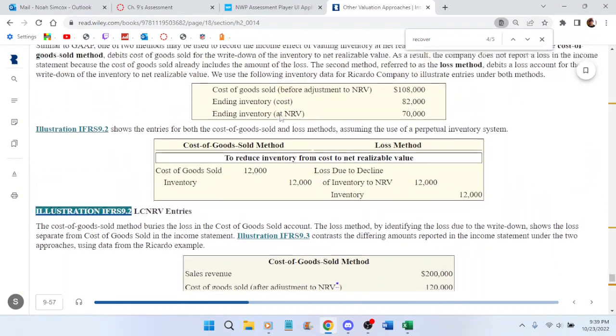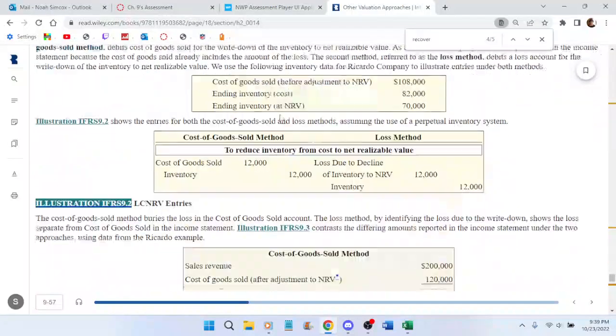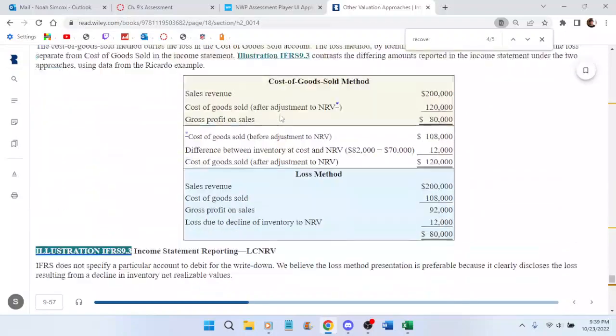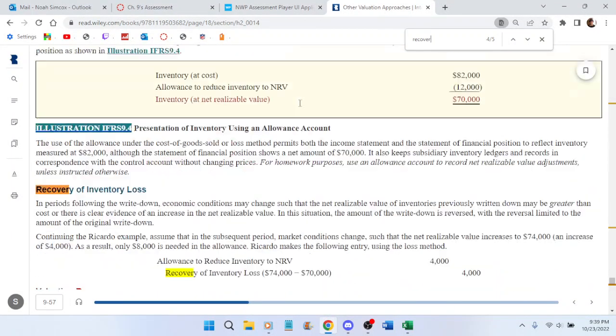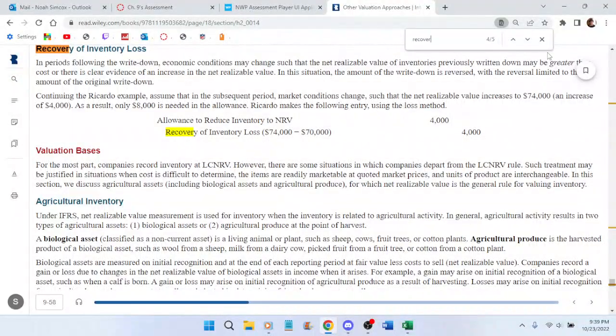Literally, it looks like it's repeating stuff. So, recovery of inventories. Man, seriously?